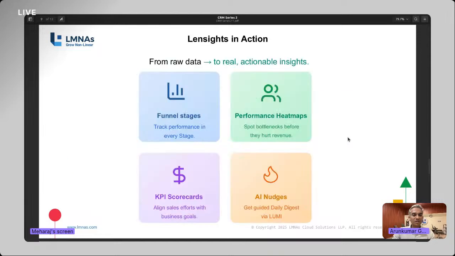Here is what we will really focus on today. This CRM data is going to give us actionable insights, not just insights. We will have the funnel stages, which help us track the performance of the different stages of the lead. The performance heat map, which is my favorite sweet spot.